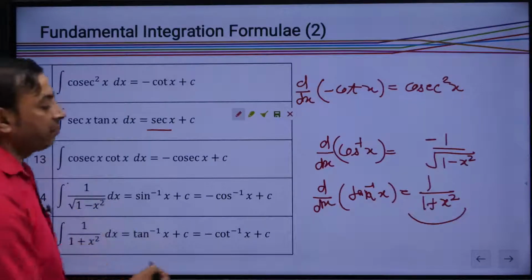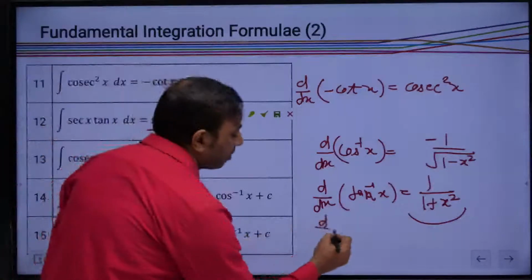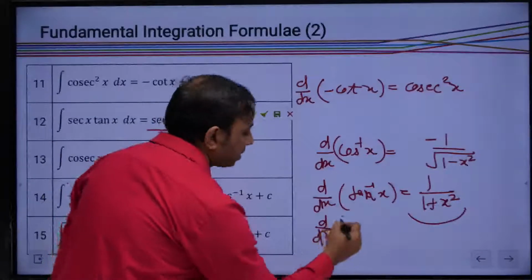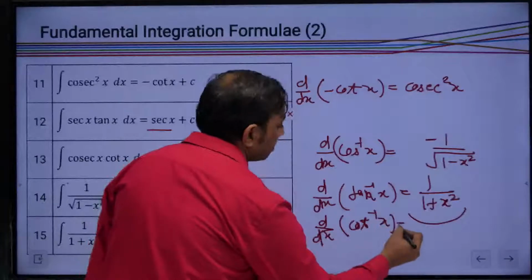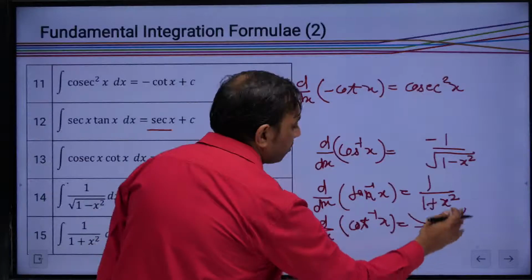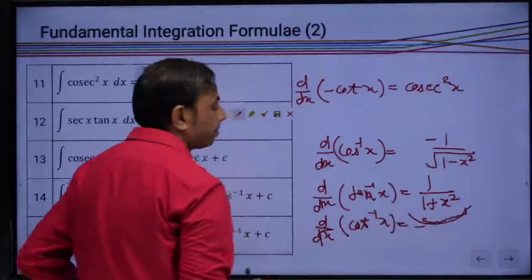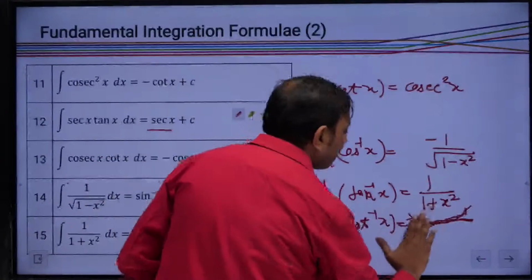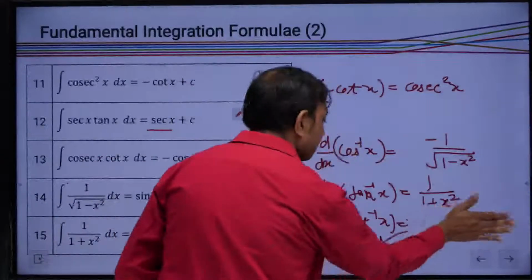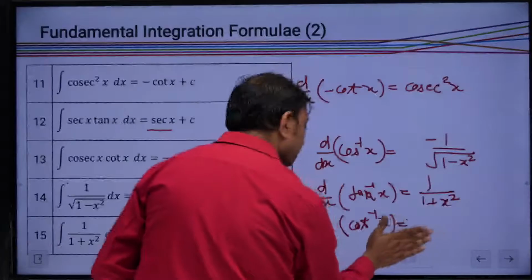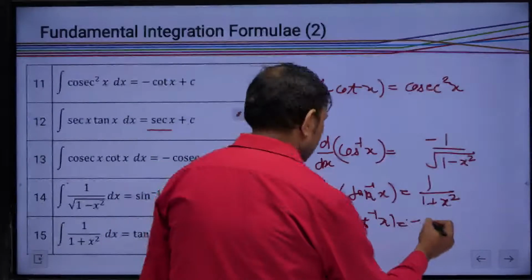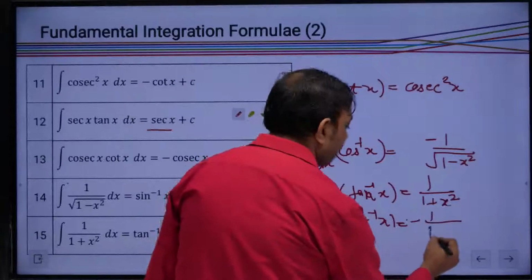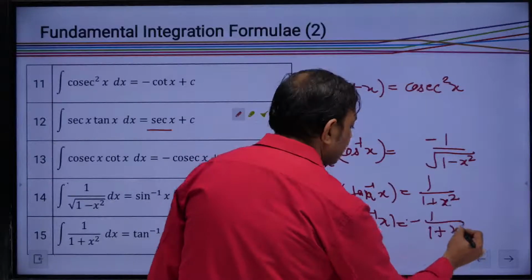Similarly, d over dx of cot inverse x is minus 1 upon 1 plus x square.